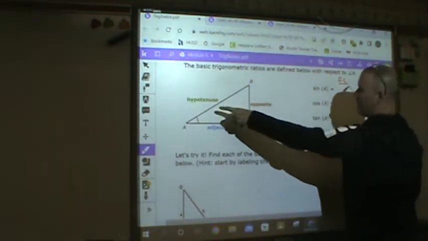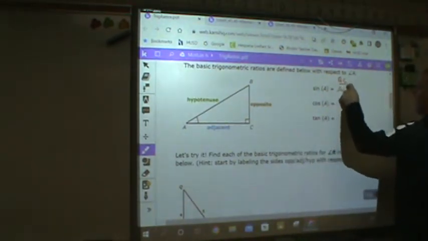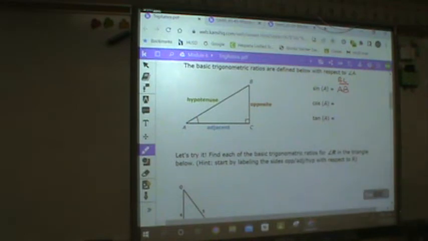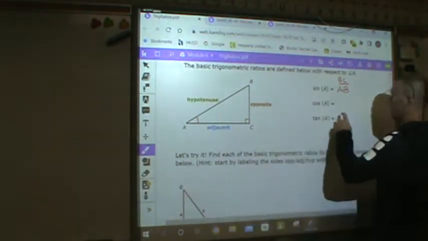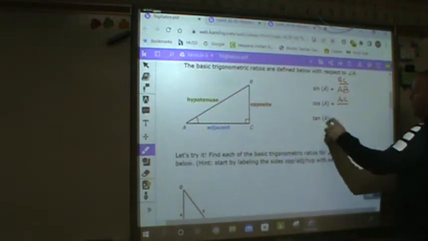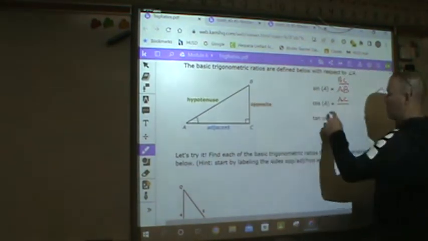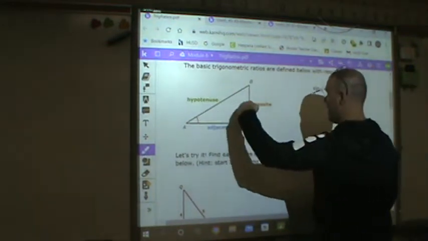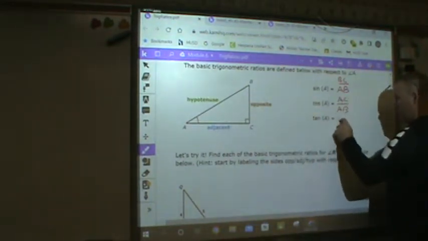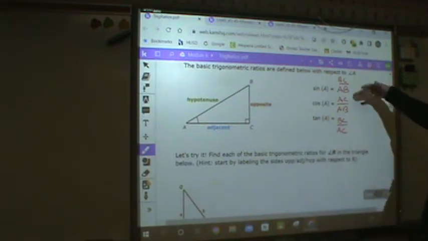BC, which is the leg opposite, over the hypotenuse, which is AB. There's your sine ratio. The cosine is the leg adjacent, or AC, over the hypotenuse, which we already know is AB. And then the tangent is leg opposite, which from before we already know is BC, over leg adjacent, which is AC. That's just how you create those ratios.